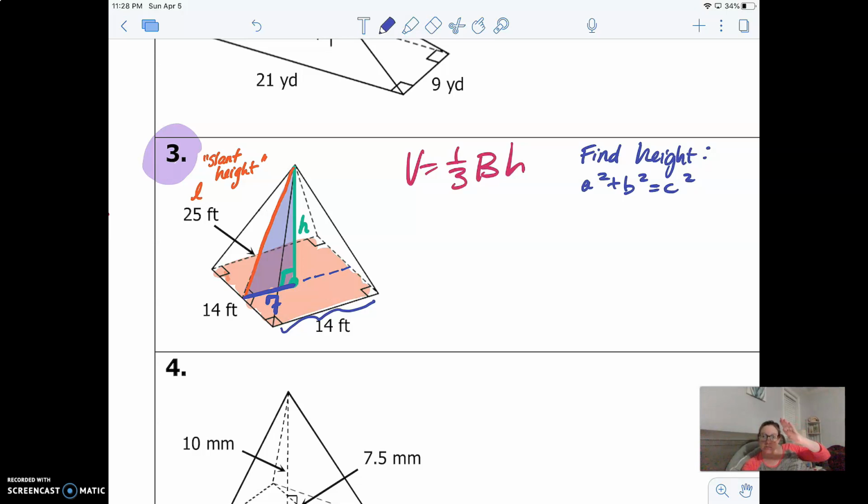That's the hypotenuse, and that's always going to be the slant height, 25 squared. So then we do 7 squared plus h squared, or x squared, or whatever you want to call it. Okay, so then we solve. Pretty sure that's 625 minus 49.